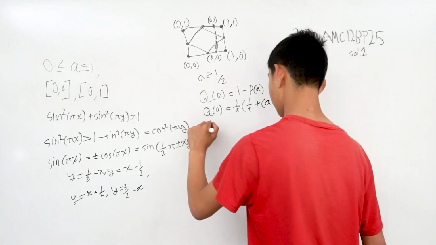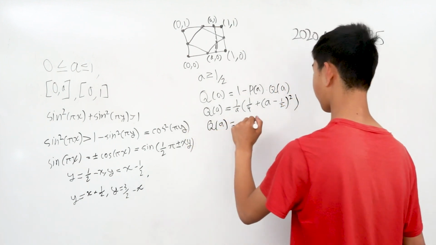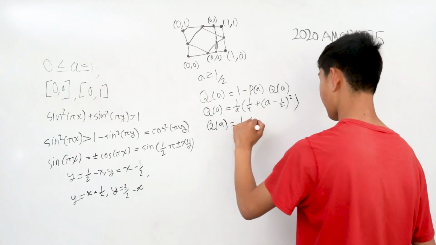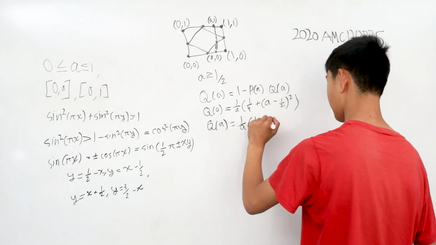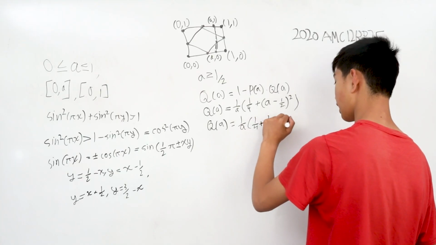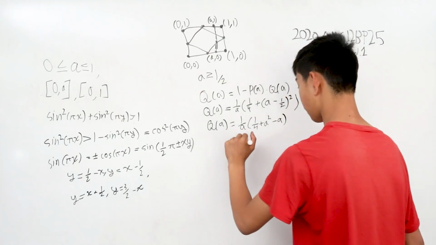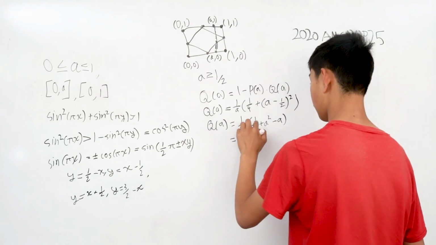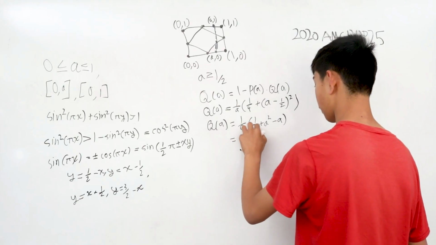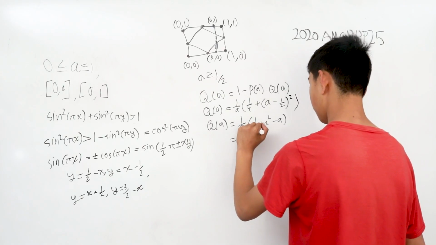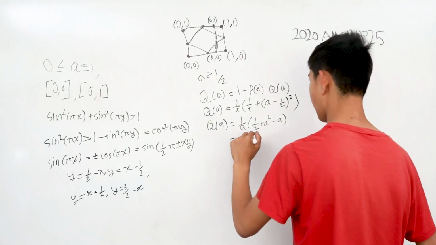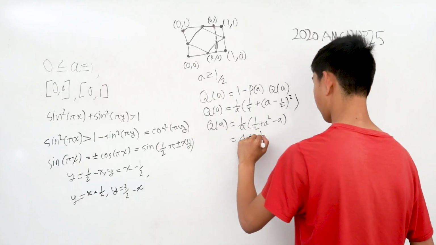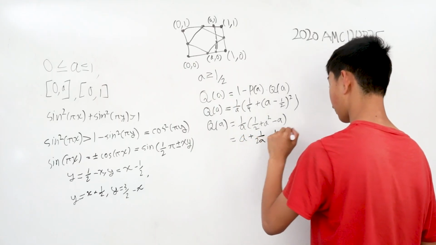This can be simplified on the inside. Just multiply everything out to get 1/4 plus a² minus a, or actually a/2, because you subtract another 1/4 from it, and then this would be a + 1/(2a) − 1.